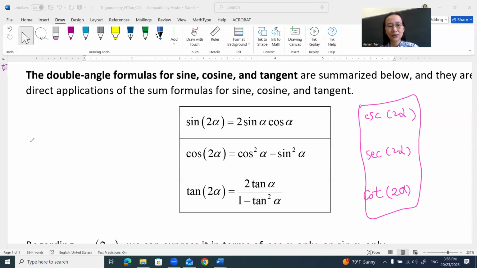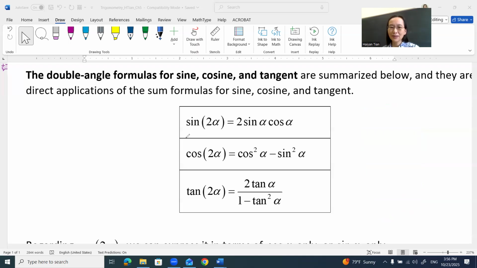So once you know the sine value of 2 alpha, then you can use the reciprocal property to get cosecant of 2 alpha. Once you know the cosine value of 2 alpha, you can find secant of 2 alpha. And with tangent of 2 alpha, if we already know how to find it, then you can find cotangent of 2 alpha using reciprocal identities. So we don't need 6. These 3 formulas are sufficient.